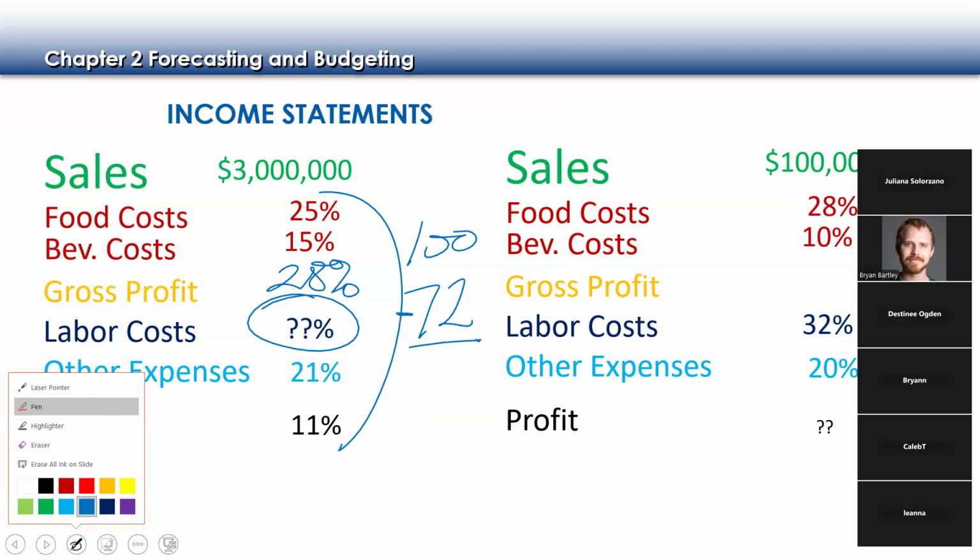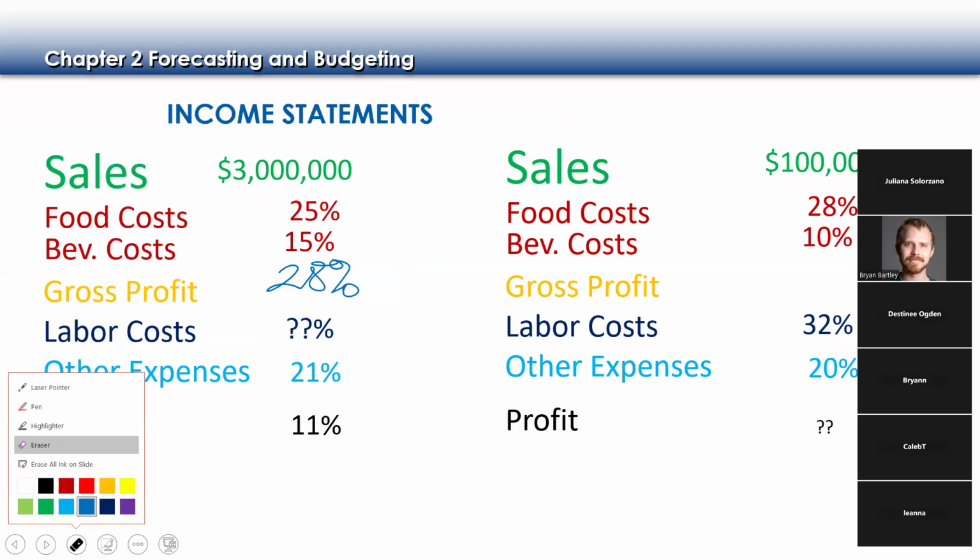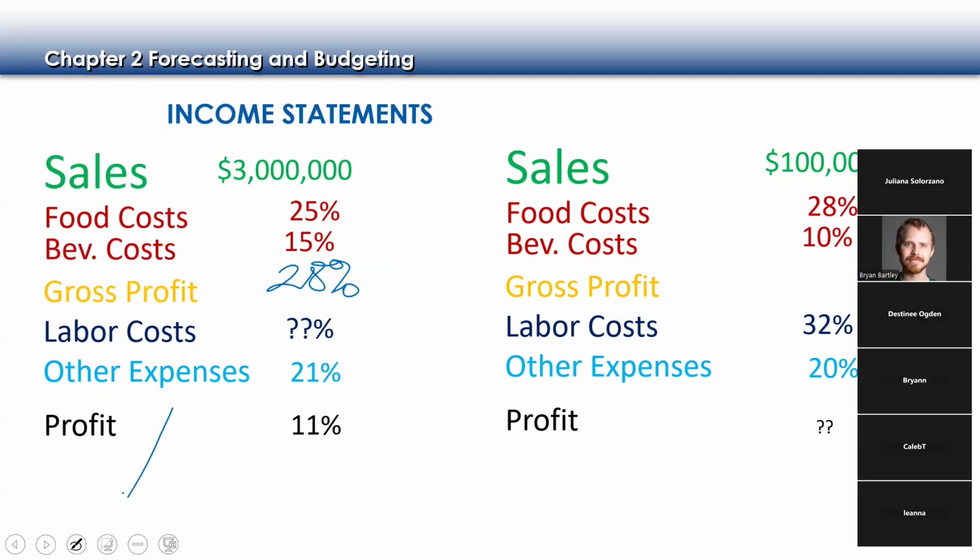Okay? And now, because you pay attention to Mr. Uminski's class, you remember, oh my gosh, I've got sales, I have a percentage, I'm looking for cost. I'm going to use my triangle. So if I'm looking for the cost, I have percent, I have sales, cover up that cost, and what's left over?